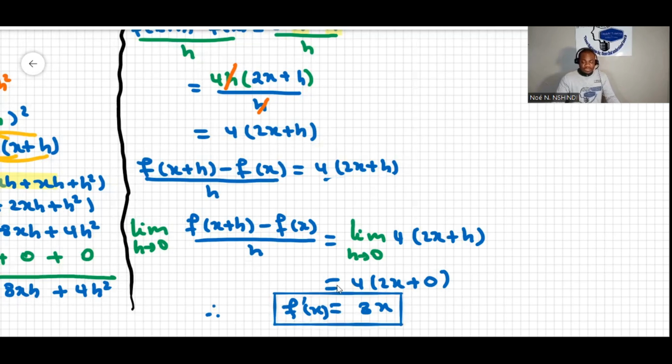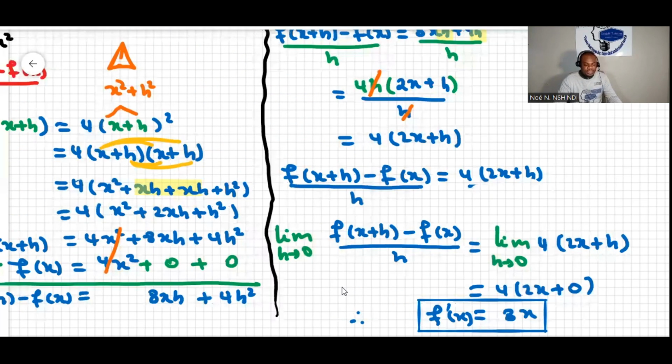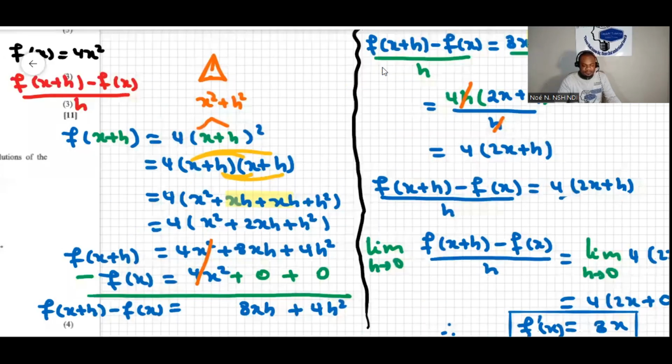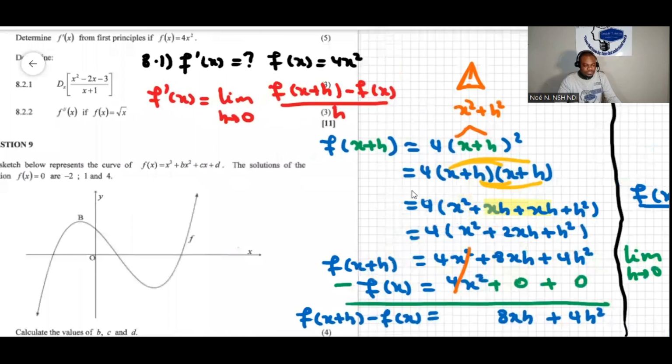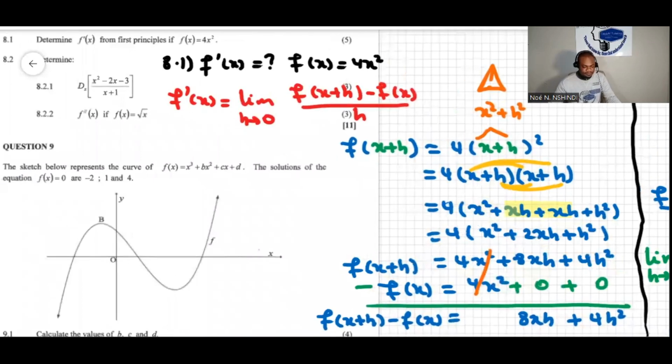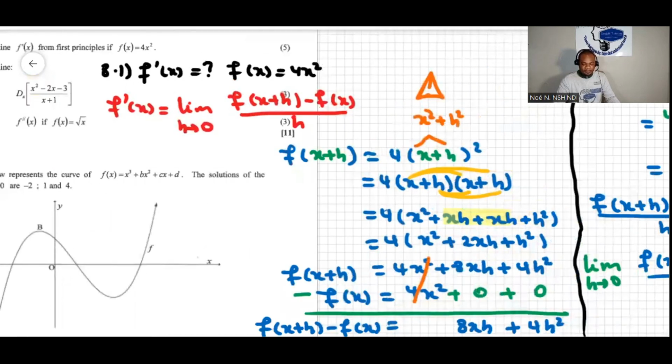And then the next question is question 8.2. Question 8.2.1 says to find the derivative of this function, the function inside the brackets here, with respect to x. Okay, let me move this over.